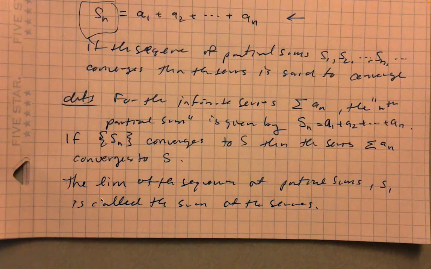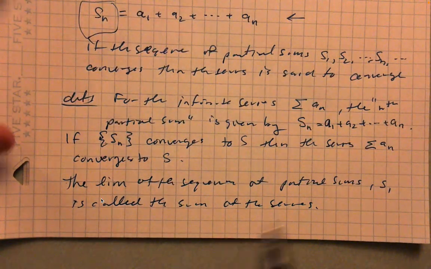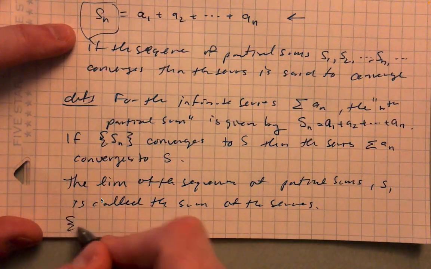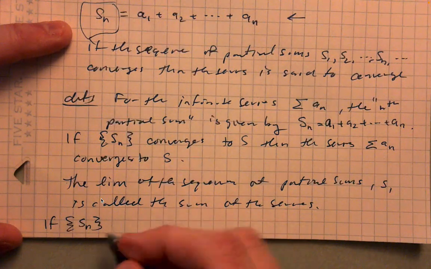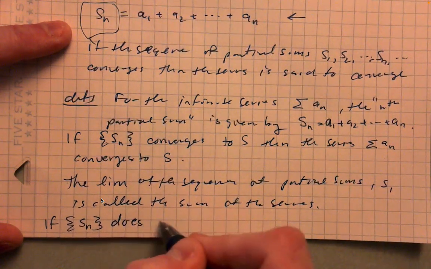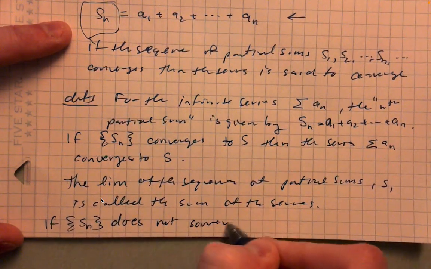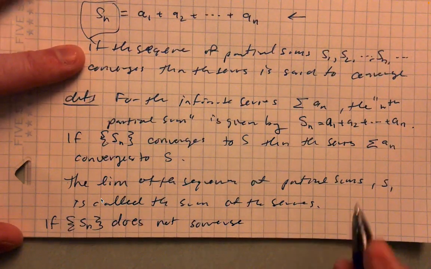And the alternative would be, if S of n does not converge, then the series diverges.